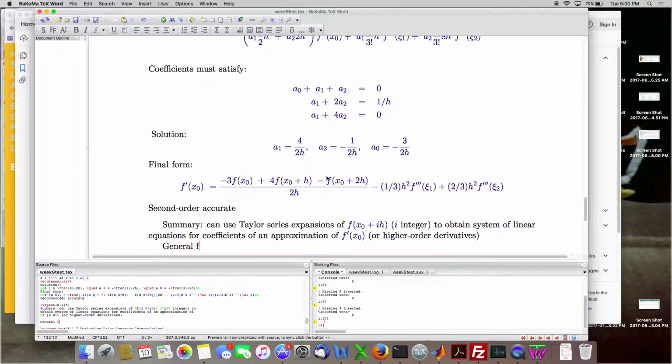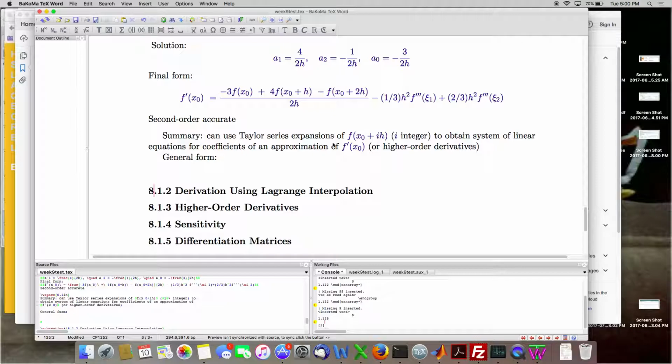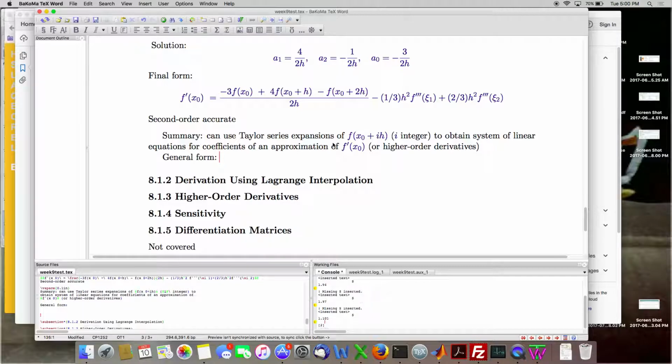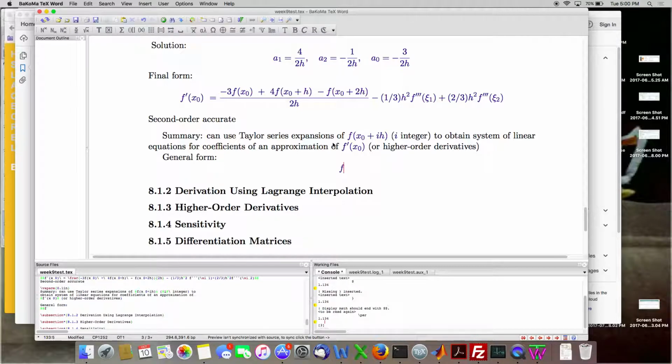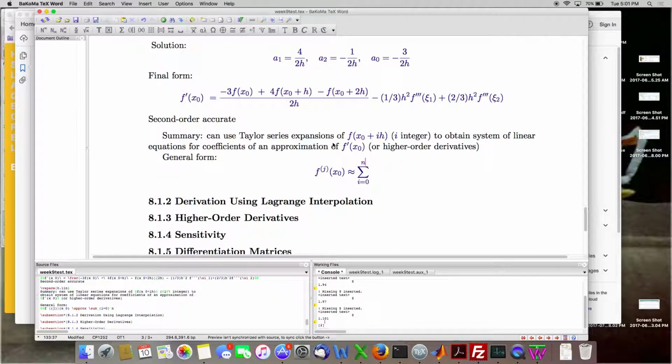So the general form is the following. The jth derivative of f at x naught is approximately a sum over, say, n plus 1 points of coefficients, which I'll call a_i, times f evaluated at these points.